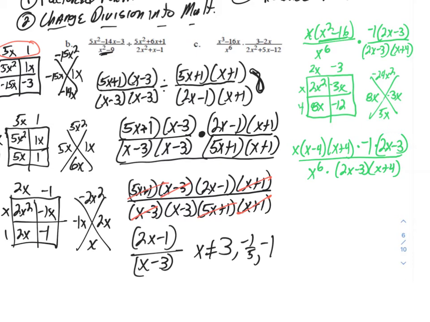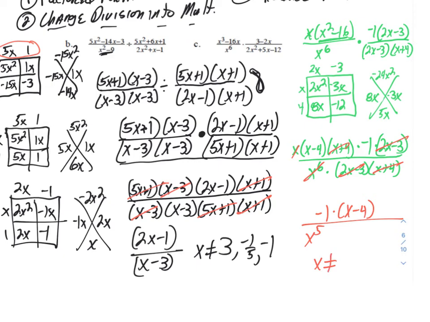And that simplifies. Those cross reduce to an x to the 5th in the denominator. The 2x minus 3's cancel, the x plus 4's cancel, and so I have a negative 1 times x minus 4 over x to the 5th, where x cannot equal.